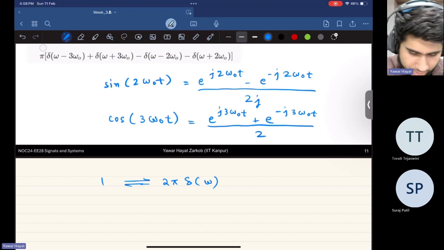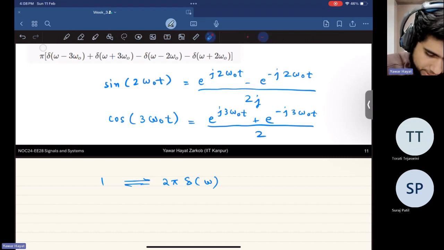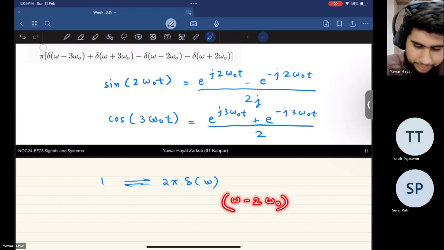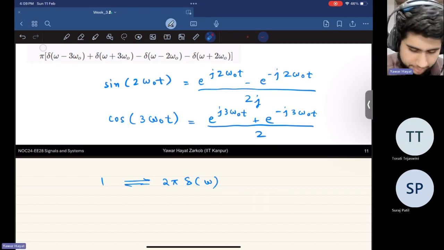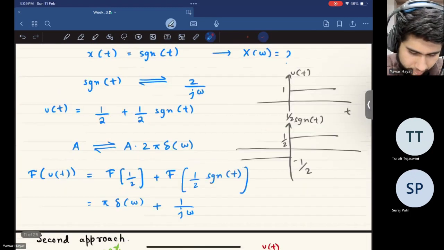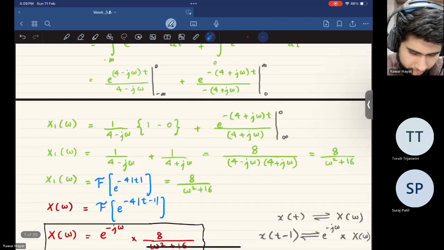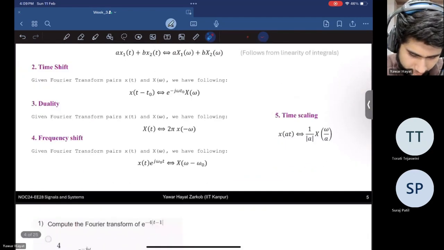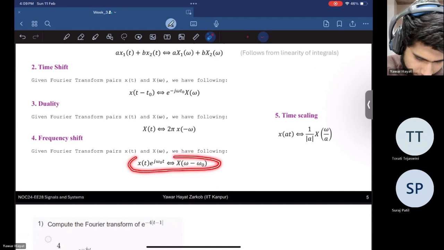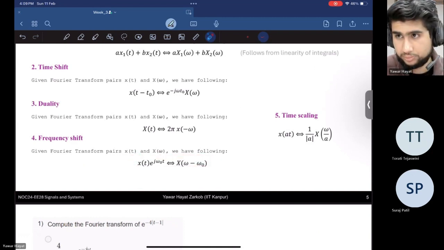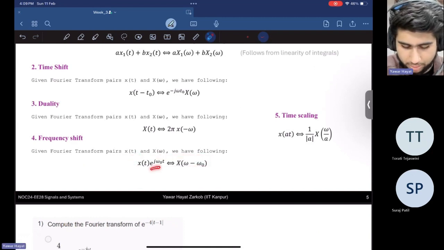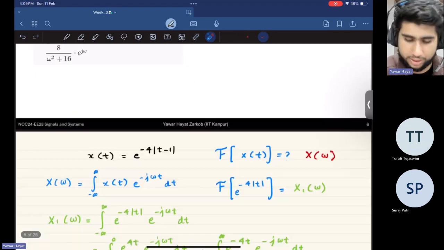What if I use the frequency shifting property? If I shift this omega by 2 omega naught, in the time domain, notice we get this multiplication factor, right? e to the power j omega naught t.